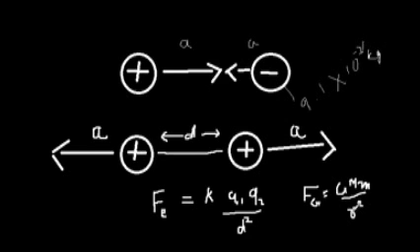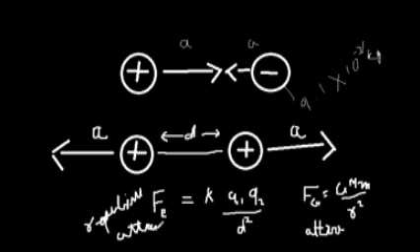It is very much similar, but the gravitational force is just an attractive force, while the electrostatic force may be attractive or repulsive. That is the main difference between them.